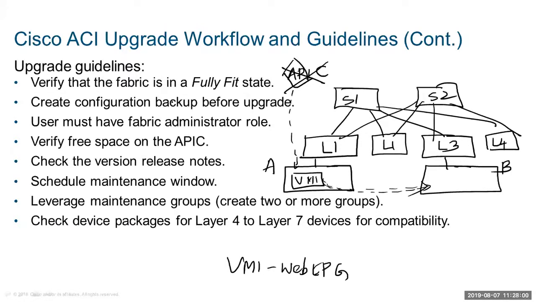It's the one which decides what policy should be pushed to the switch. APIC not there? No, you cannot move the devices around, physically or with vMotion. Not going to work. So just be aware of that.